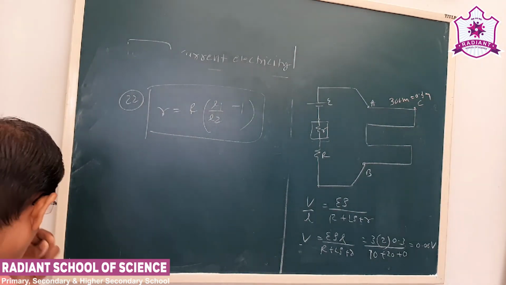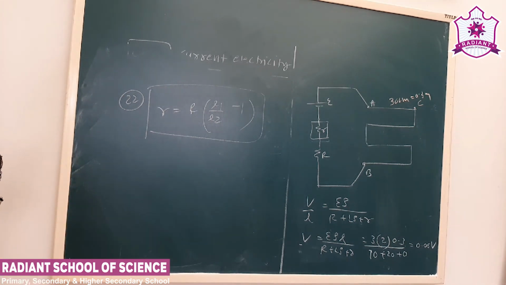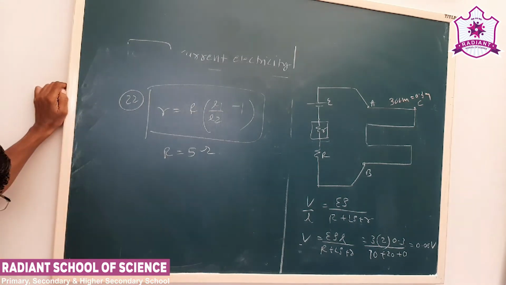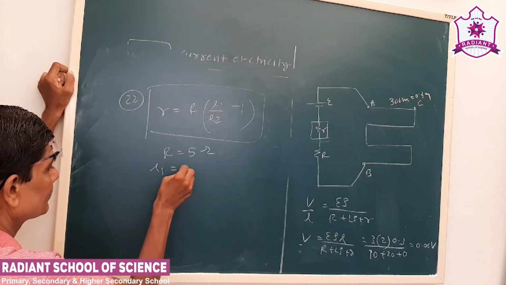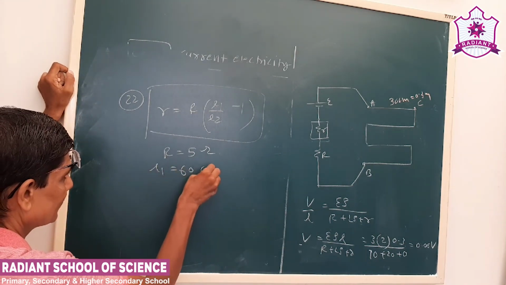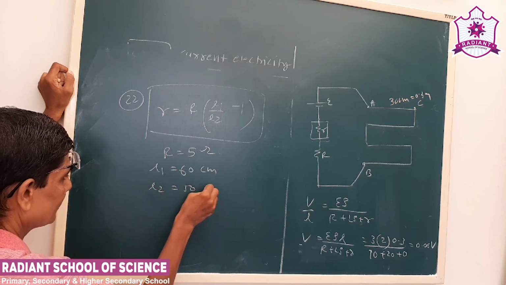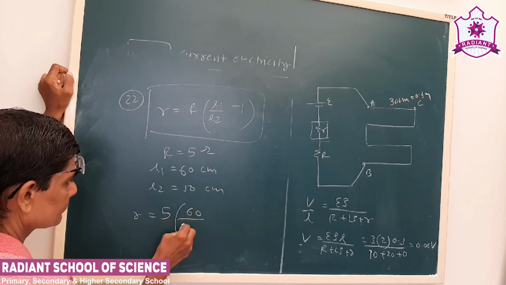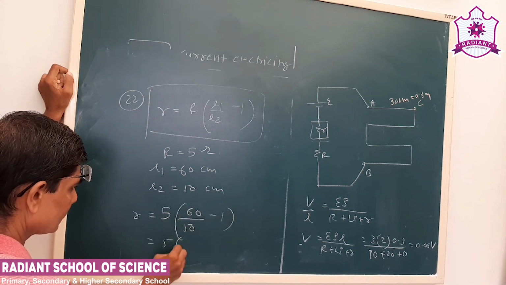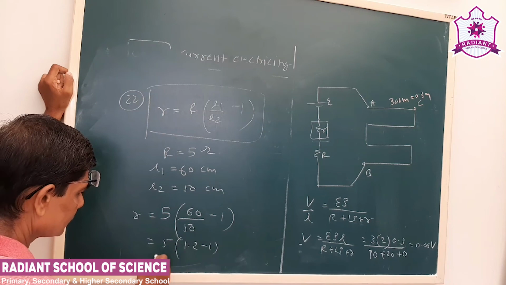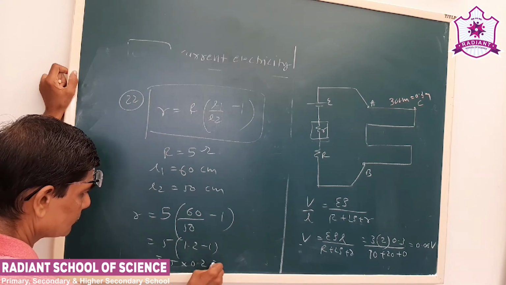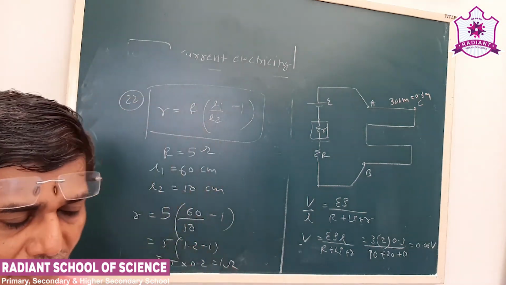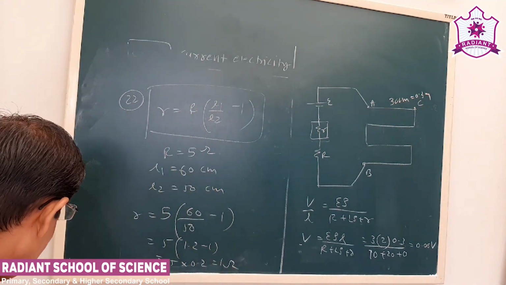So here one value is 60 centimeter, capital R is 5 ohm, L1 is 60 centimeter, L2 is 50 centimeter. So r is equal to... Okay. Now if you can remember the formula well, it is very easy.